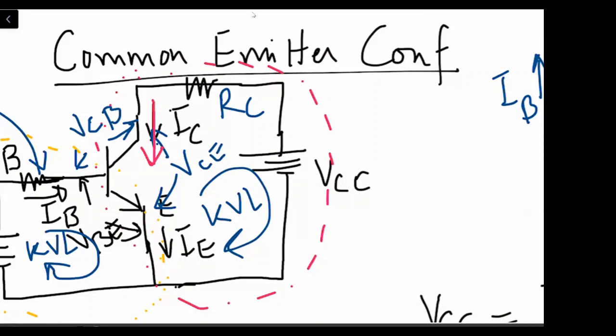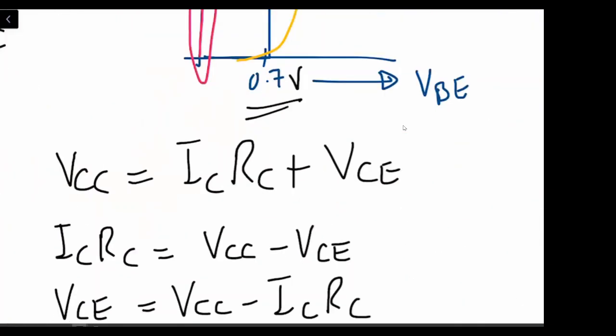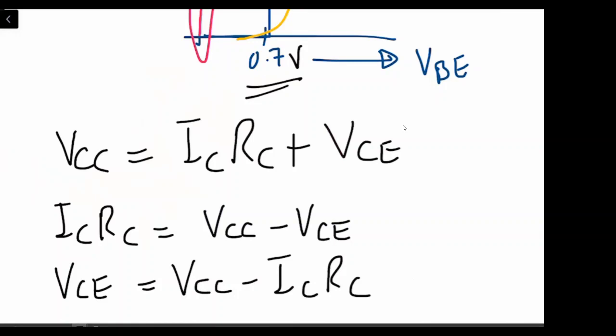So this means the total VCC is equal to the drop across RC plus the drop across VCE, right? And from there we have this equation, and we can play around with this equation later on, right? Okay? Are you with me? Yes, sir.